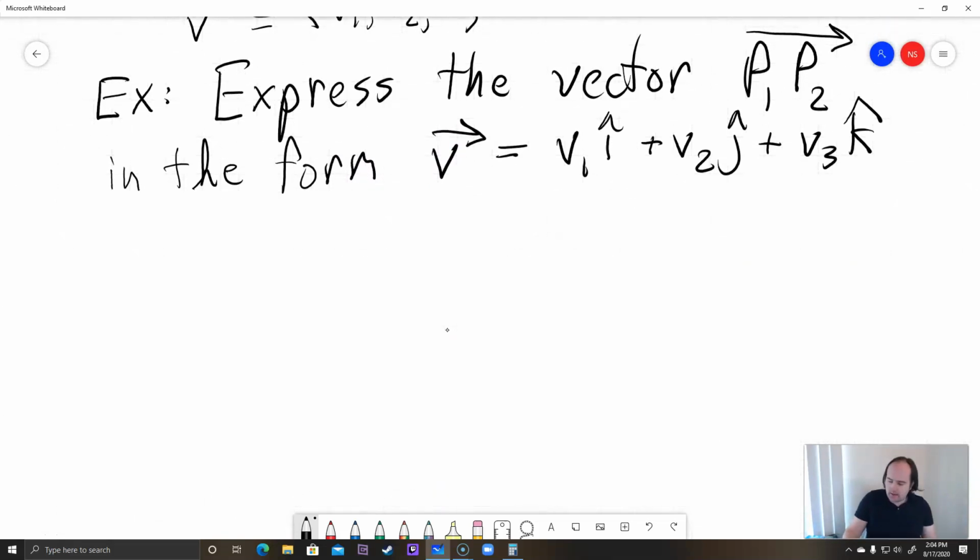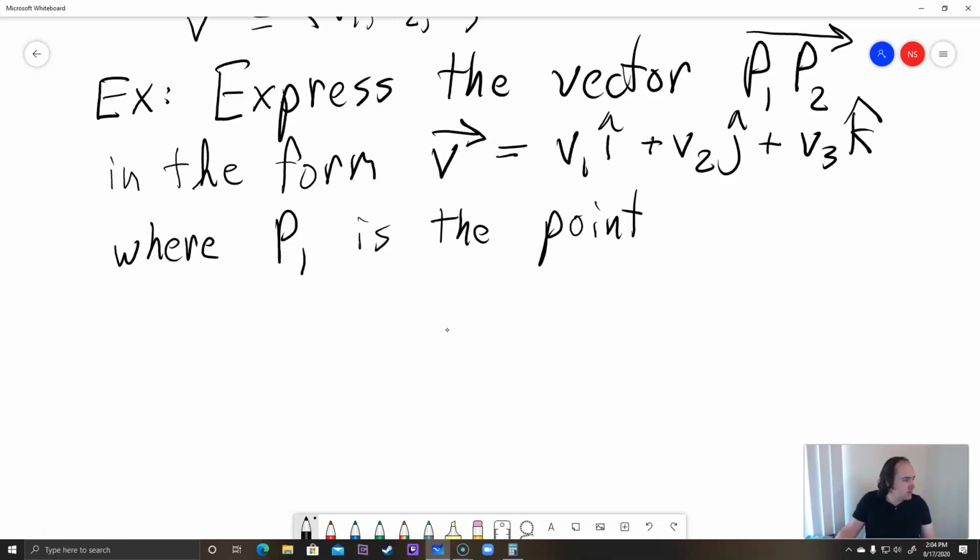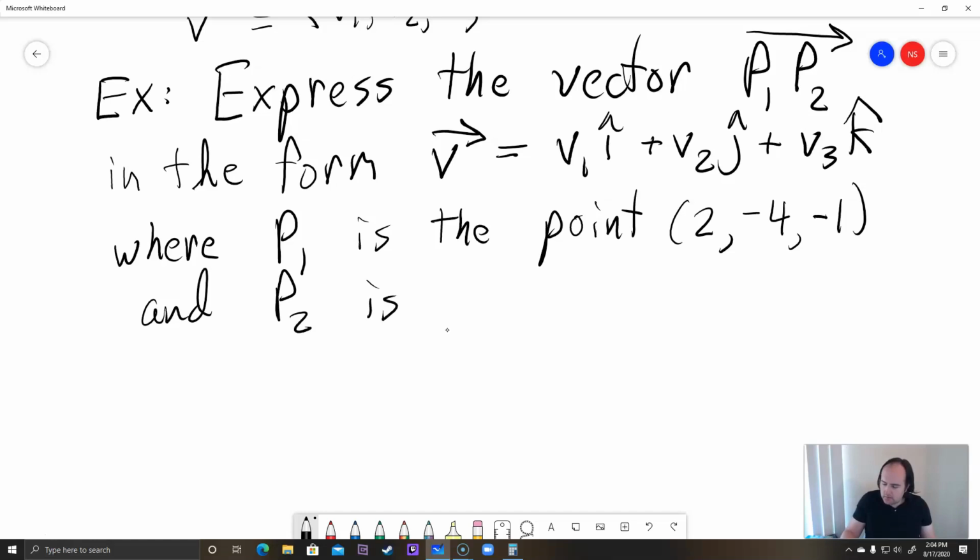They say that P1 is the point (2, -4, -1), and P2 is the point (7, 1, 6).